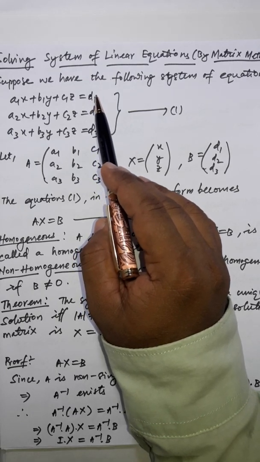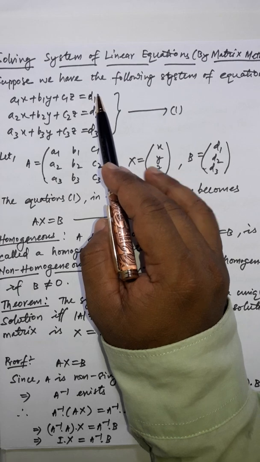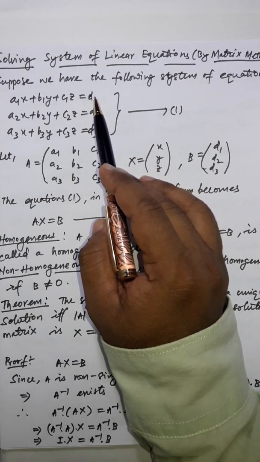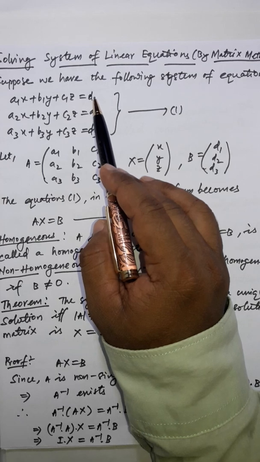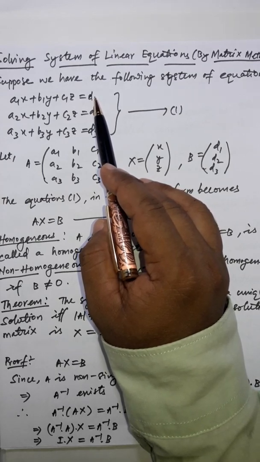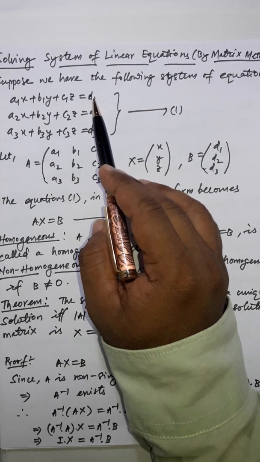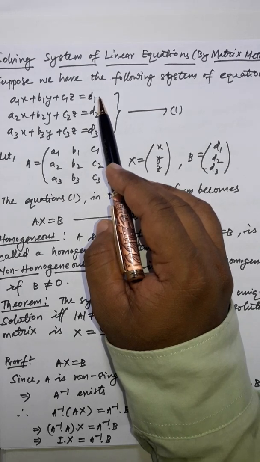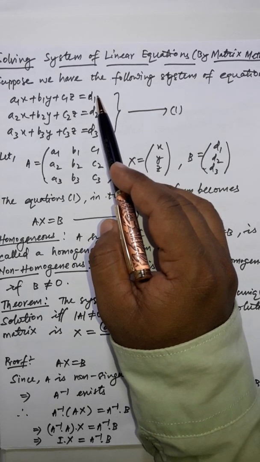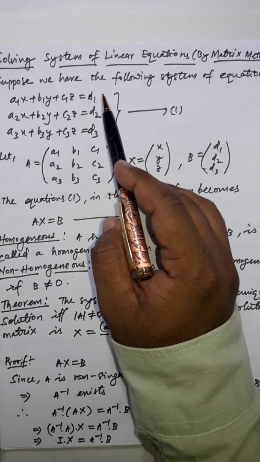Okay friends, as we are used to matrices of order 3 or order 2, we'll take a 2 equation system or 3 equation system to solve. So in general, let's take a 3 linear equation system to solve.